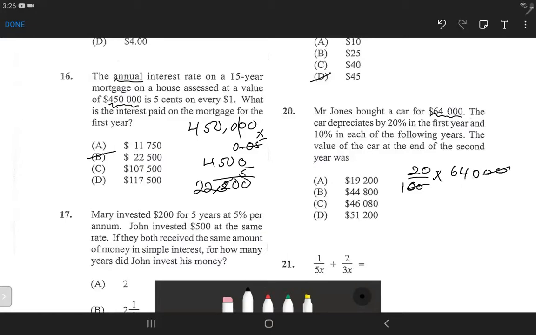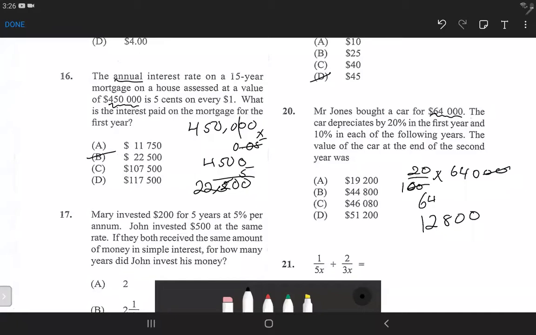To cancel the zeros, you have 640 by 20. All right, how much is that? That is 12,800. That's how much it's gone down by in the first year.